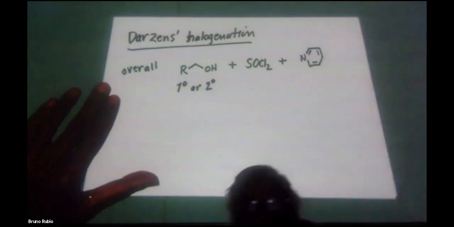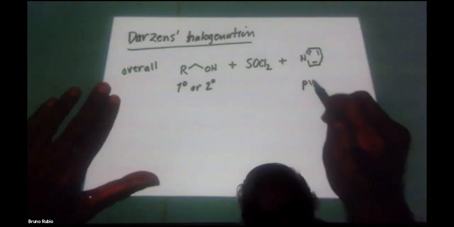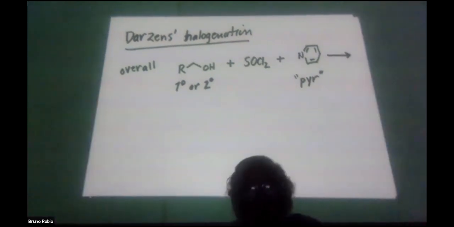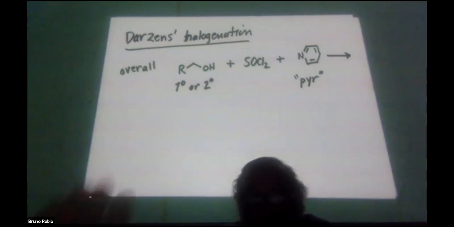Pyridine takes an awful long time to say and to write, so it's just abbreviated PYR. If you see PYR, that's what that means. So it's a primary or secondary alcohol plus thionyl chloride plus pyridine.